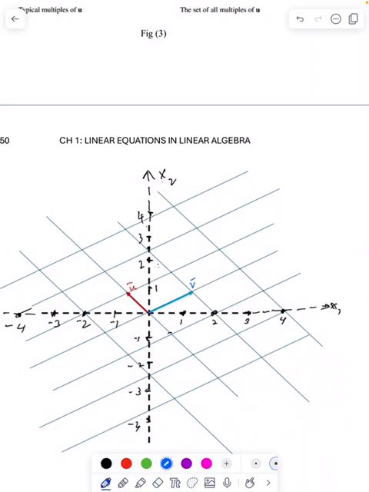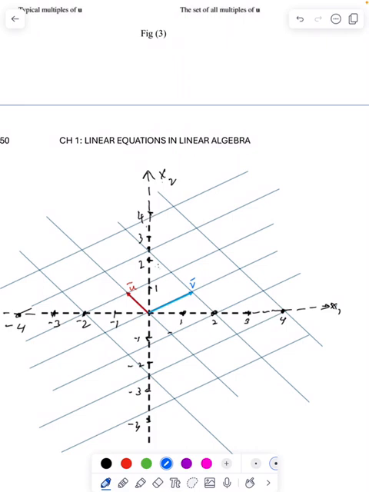But now if u is here, like I showed with the red line, and v is the blue vector, then we can create grids, drawing lines parallel to v and u. So now we are talking about the v axis and the u axis. We don't have our usual x, y axis or x1, x2 axis.